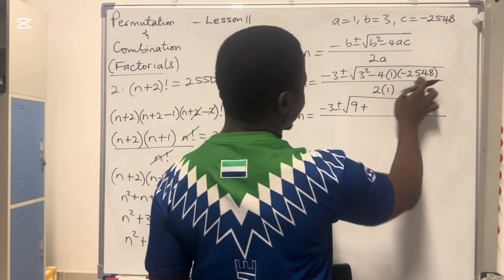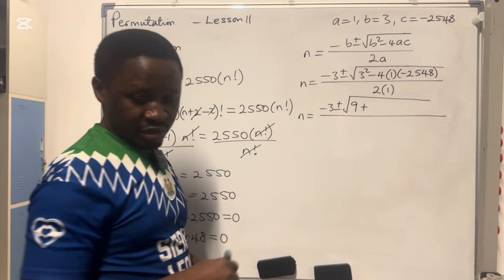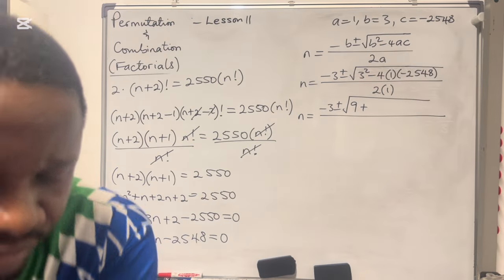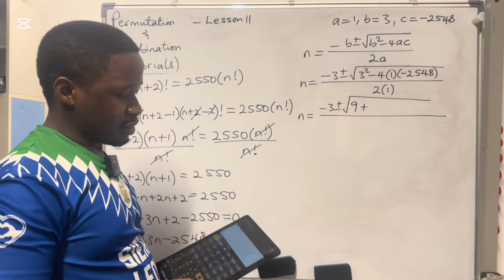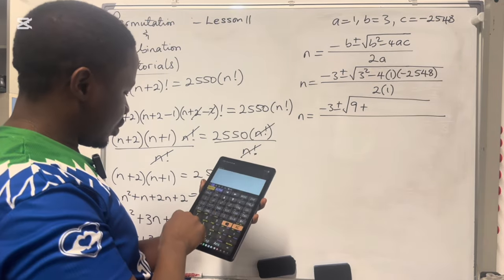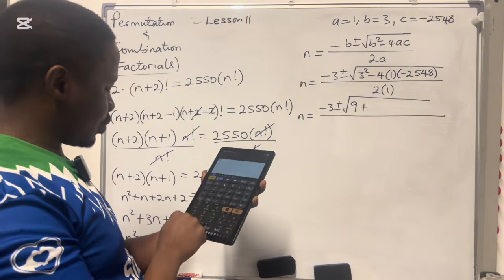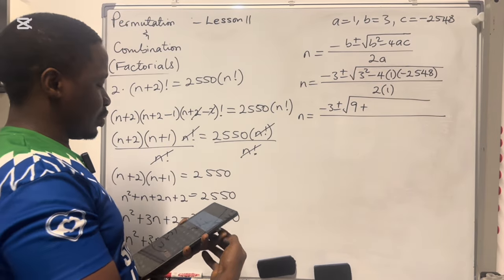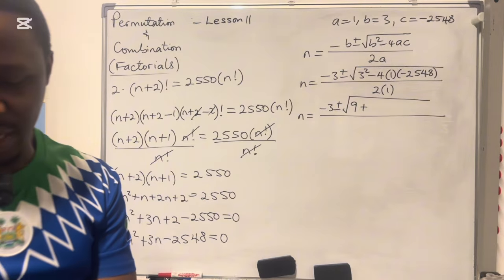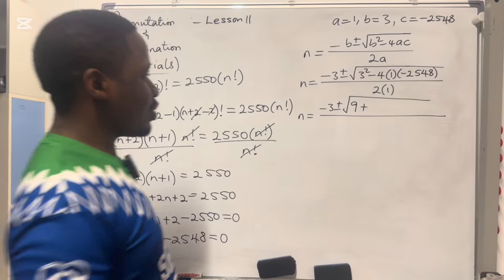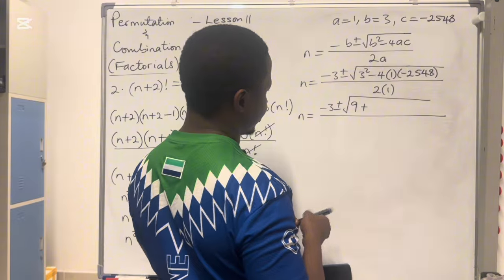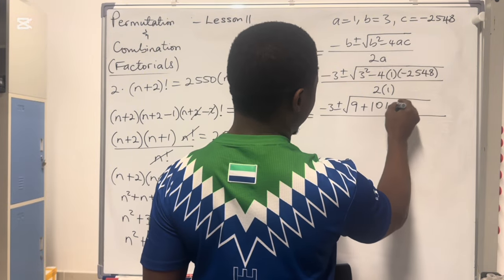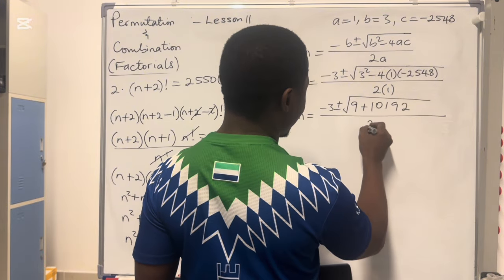So 4 times this number, 4 times 2548 is 10192, divided by 2.